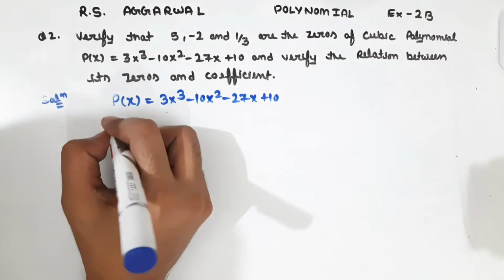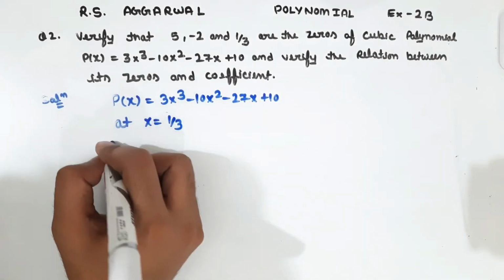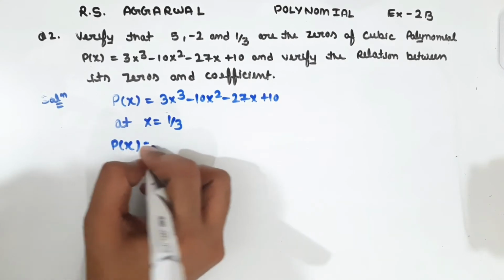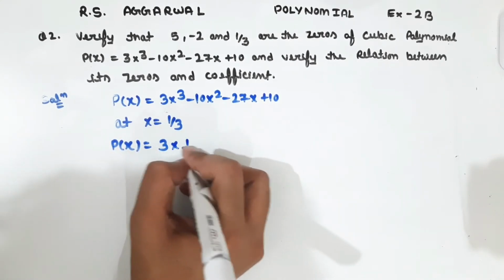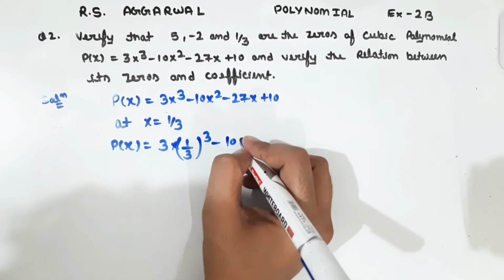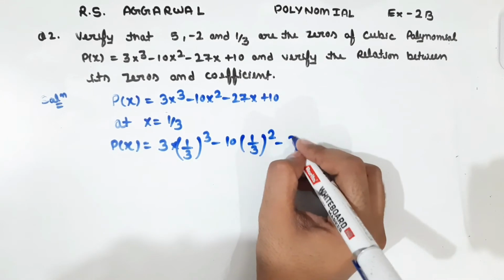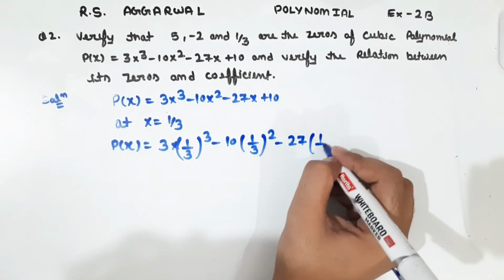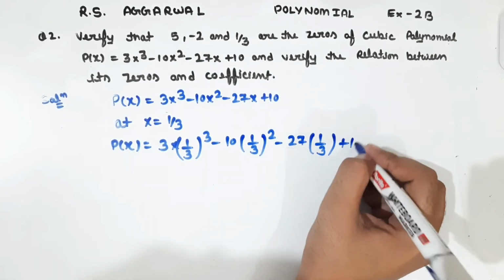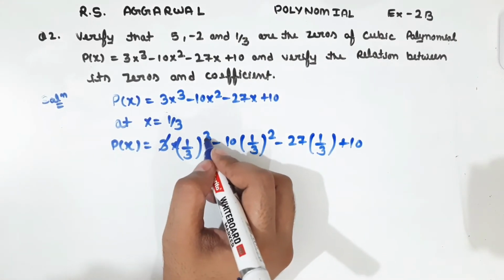Now at x equals 1 upon 3, our p(x) will be 3 into 1 upon 3 whole cube minus 10 into 1 upon 3 whole square minus 27 into 1 upon 3 plus 10. So from 3, one power of 3 will be cancelled out.